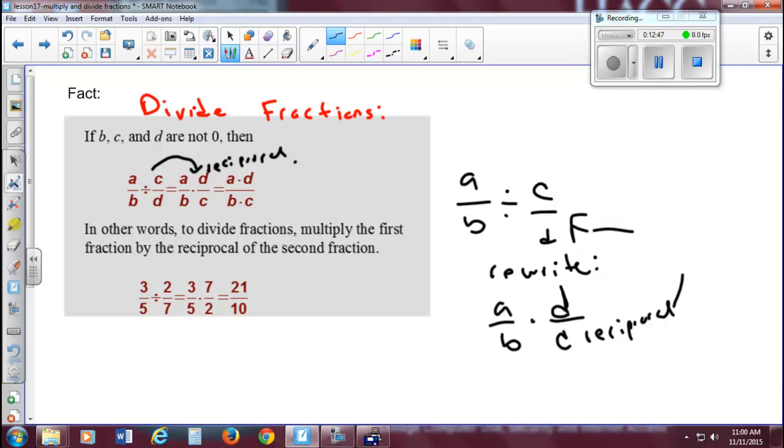So if you need numbers, 3/5 divided by 2/7 can be rewritten as 3/5 times 7/2. And then when you rewrite it, you multiply. So 3 times 7, 21. 5 times 2, 10. 21 over 10.